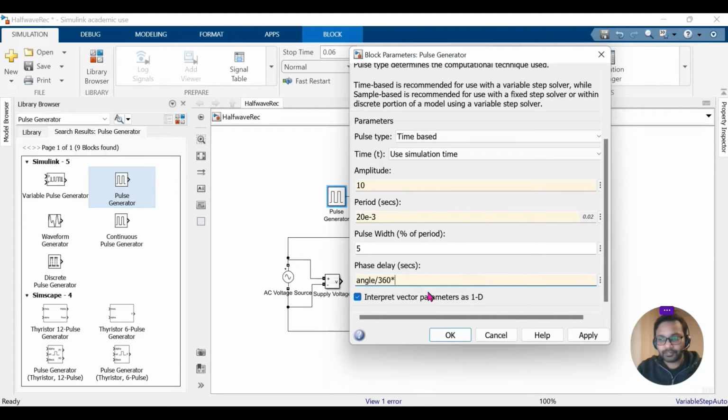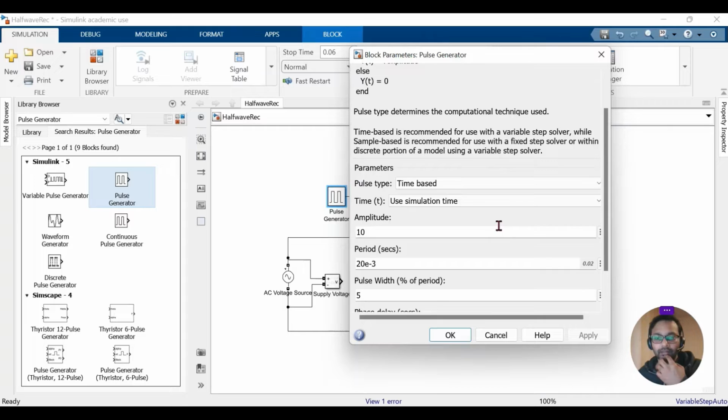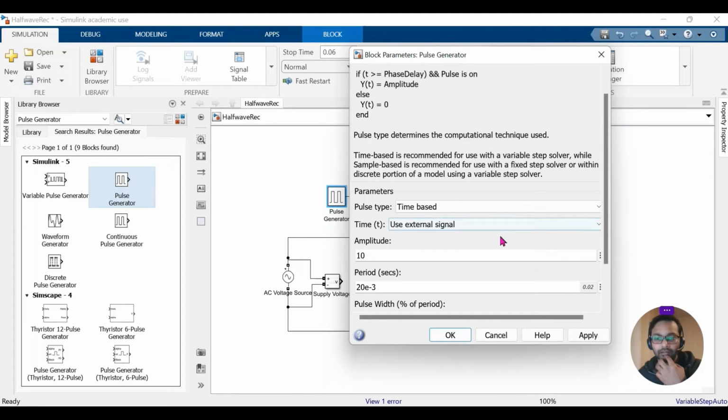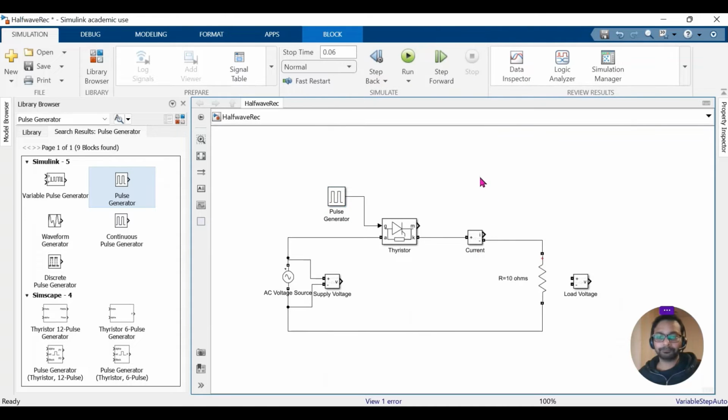Divided by 360 multiplied by 20 e to the power minus 3. Okay, so time should be use simulated time. So I've set the pulse generator and everything, and I can connect the load voltage across the load like that.